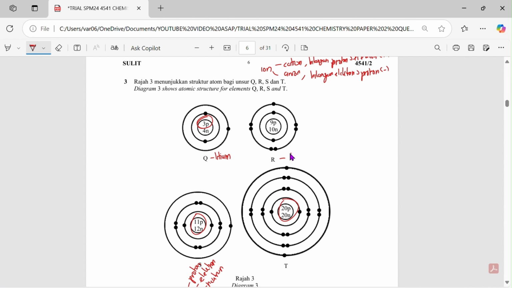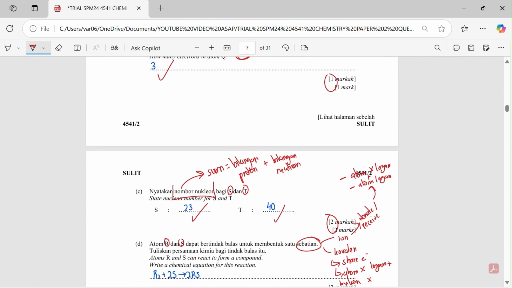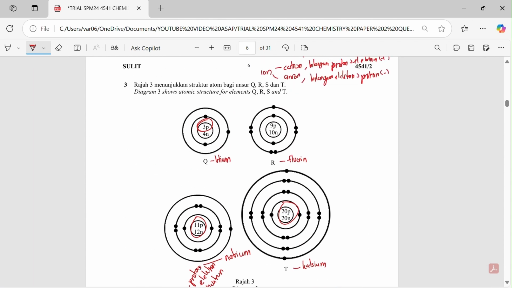R is fluorine. T is 20, right? So that would be your calcium. And S is 11, so that would be your natrium, which is sodium. So question said atom R dan S. Atom R, fluorine, adalah atom bukan logam, whereas atom natrium adalah atom logam.